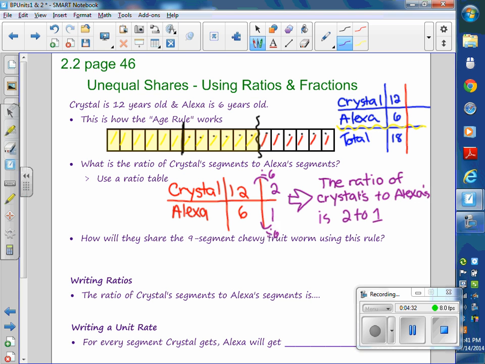Remember, you could also write that 2:1 or 2 to 1 like that. Those are the 3 possible ways to write the answer.